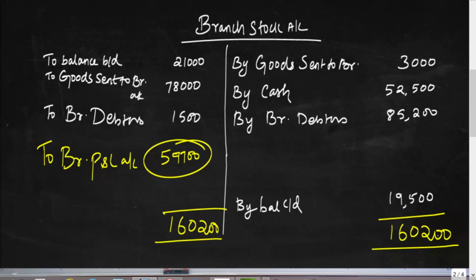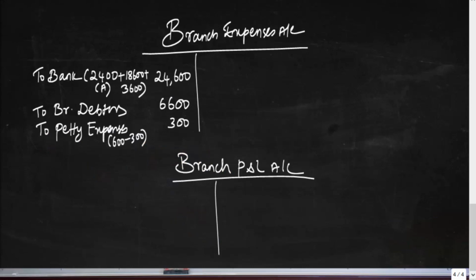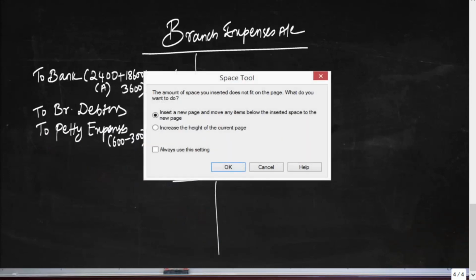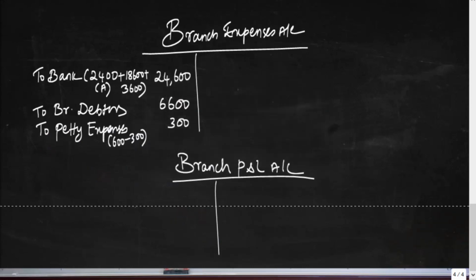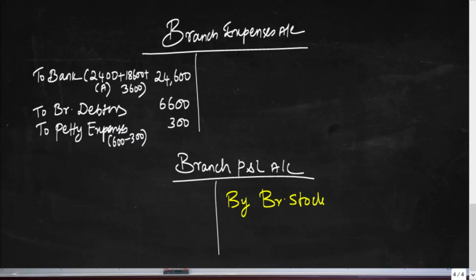So let's go to branch P&L. In branch P&L, let us write by branch stock account. What is the value? It is 59,700. Okay. Now let's go to the next account.